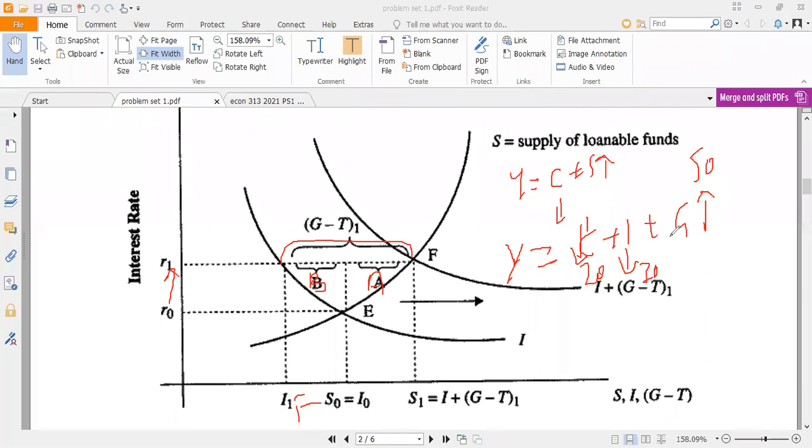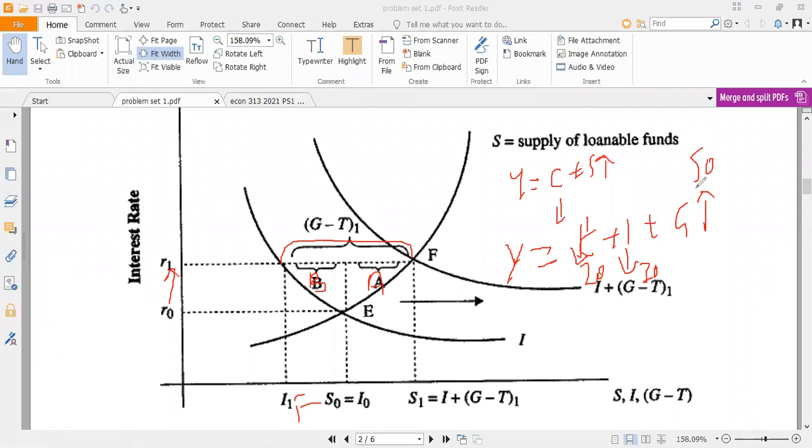Under this system, we have 100% crowding out, which means that whenever you increase government spending, we will have an equal fall in private spending, partly from private investment and partly from consumption.